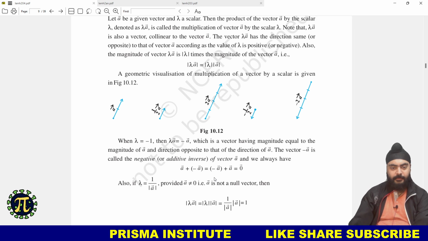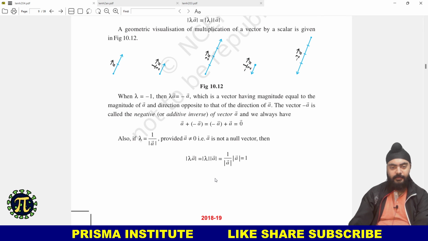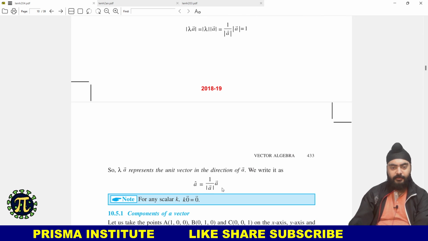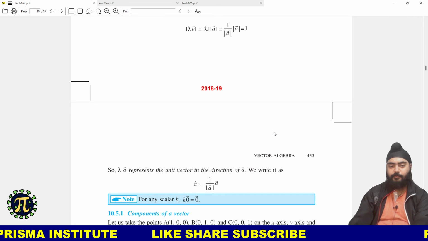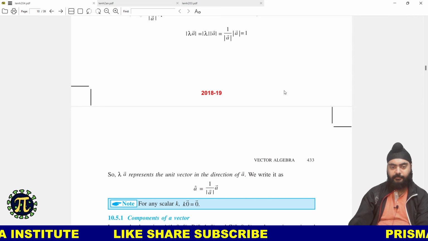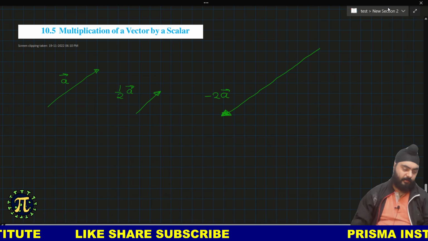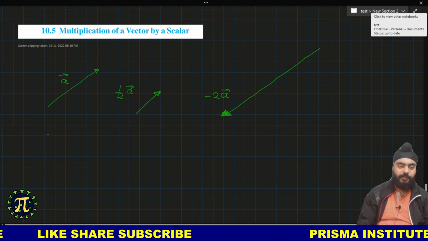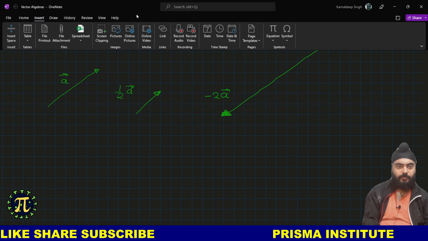Now we want to define what a unit vector is before we move to our next lecture, which is the component of a vector. So the last definition of this lecture is the unit vector, the most important definition.